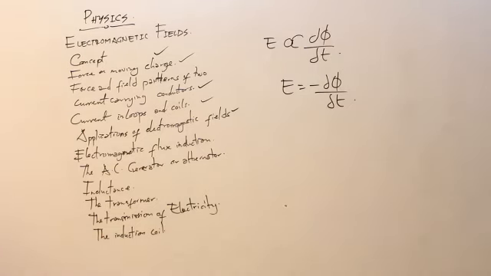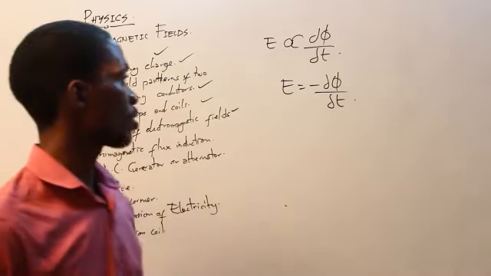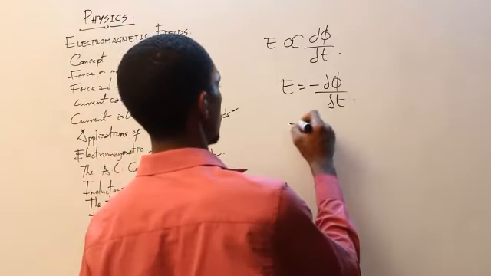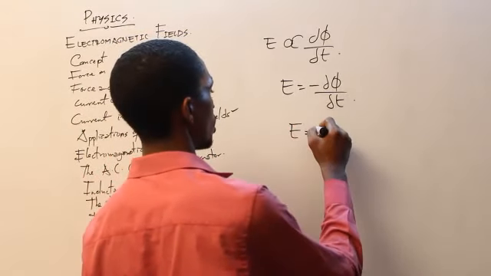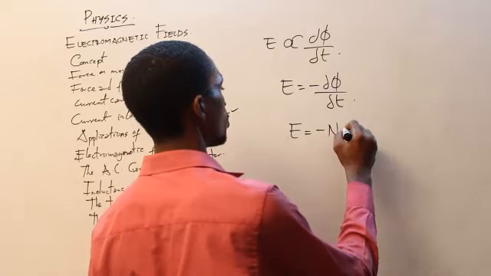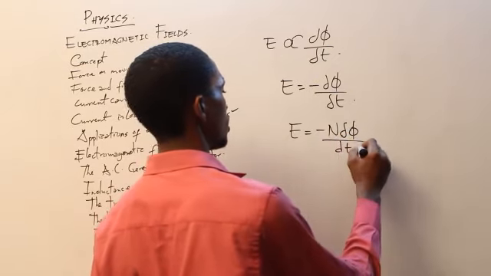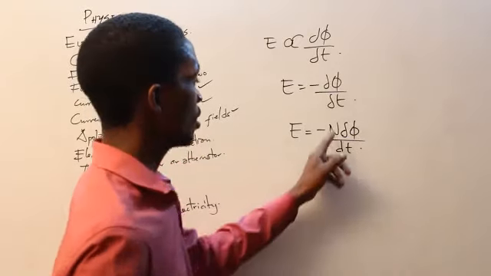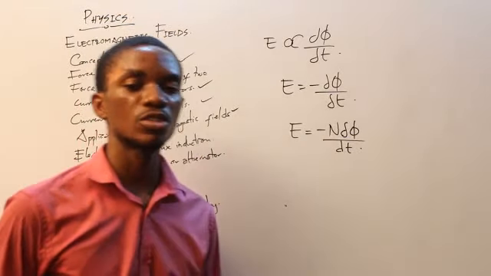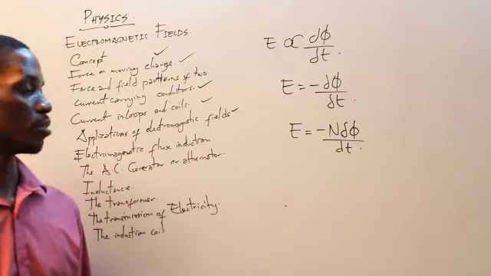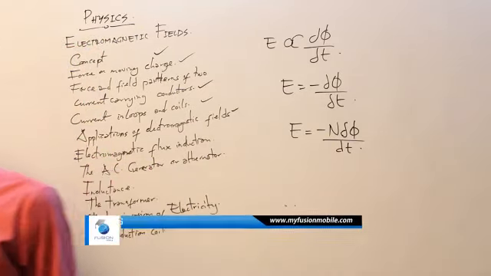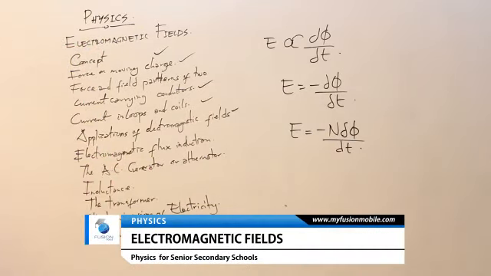But when we have multiple turns, we have to modify the equation and introduce N, so that E equals minus N dΦ/dt, where N is the number of turns of the coil.